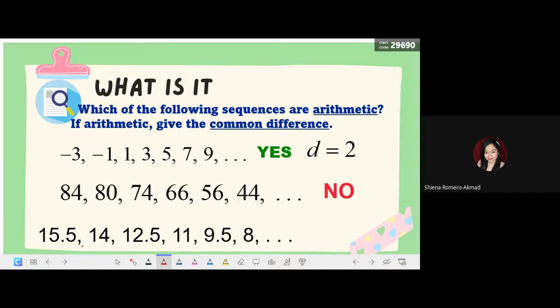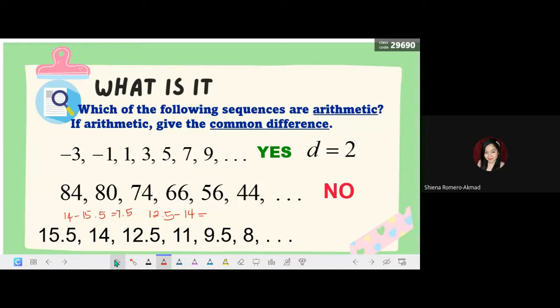What is 14 minus 15.5? Negative 1.5. What is 12.5 minus 14?